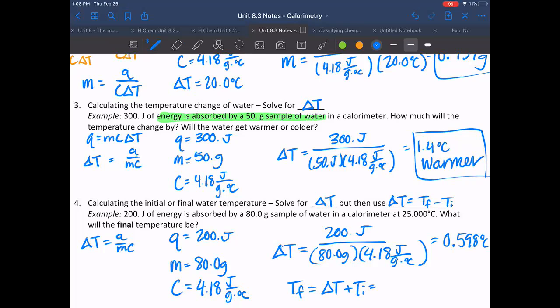So then we have our change of 0.598 plus, what's our initial? 25.000. What's our final answer then? You got it. When you're adding, sig figs is decimals. They have the same amount of decimals, so you don't have to drop any. All right, any questions?